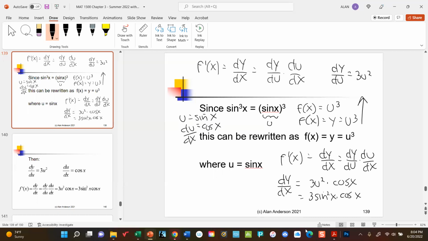Wow. So now something like this, I would imagine there might be ways you could rewrite this with trig identities, but it's so straightforward to do it this way.